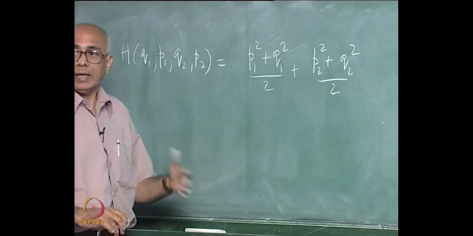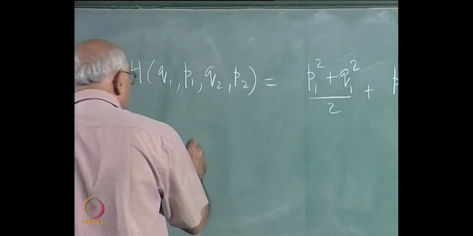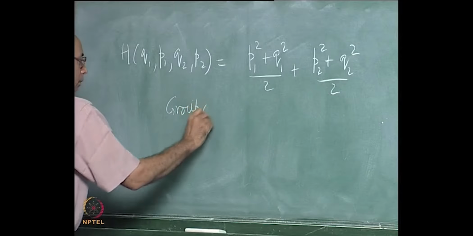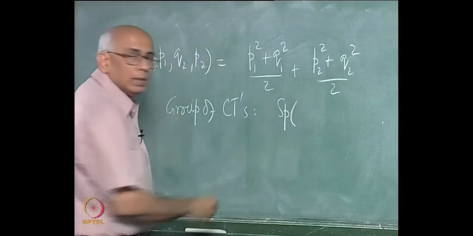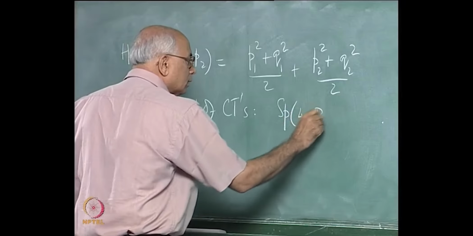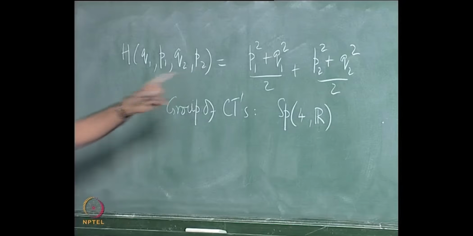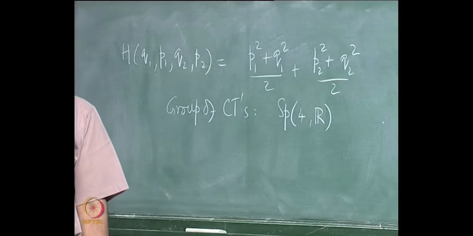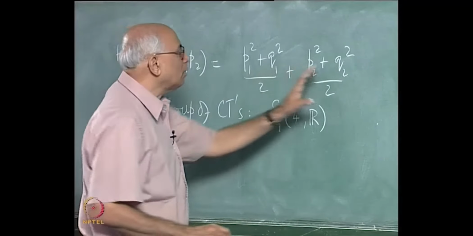This Hamiltonian has a great deal of symmetry. The symmetry group, the group of canonical transformations, is the symplectic group in 2 degrees of freedom. So this is Sp(4, R) over the reals. What is the group of transformations that leaves this Hamiltonian unchanged? What would you say is a group of transformations that leaves this Hamiltonian itself unchanged?